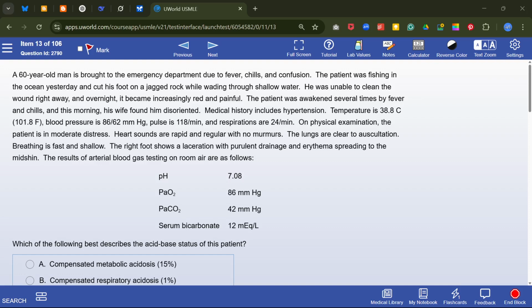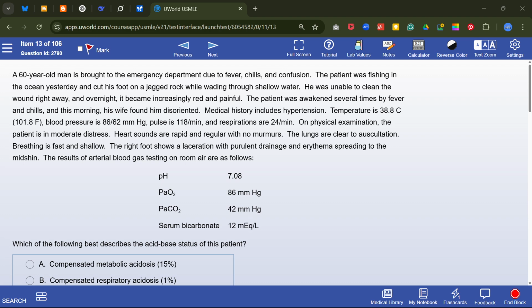To see the compensation, we need Winter's formula: expected PaCO2 equals 1.5 into bicarbonate plus 8, plus minus 2. That means 12 into 1.5 is 18, plus 8 is 26, plus minus 2. So it is between 24 to 28, approximately the PCO2 should be 26.